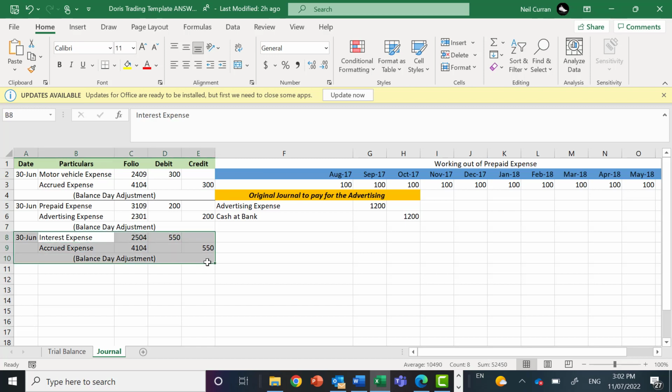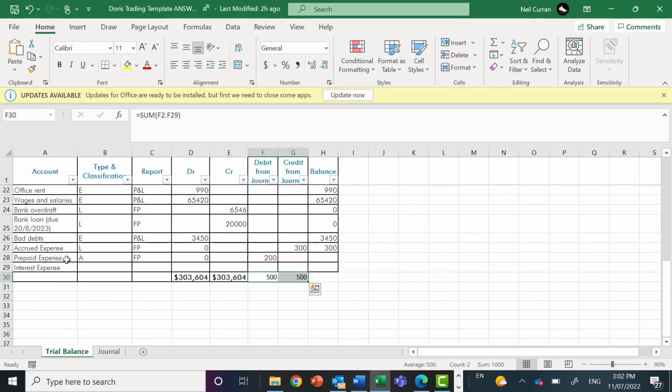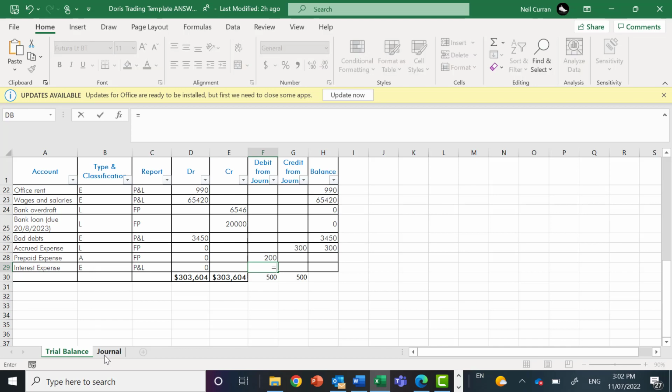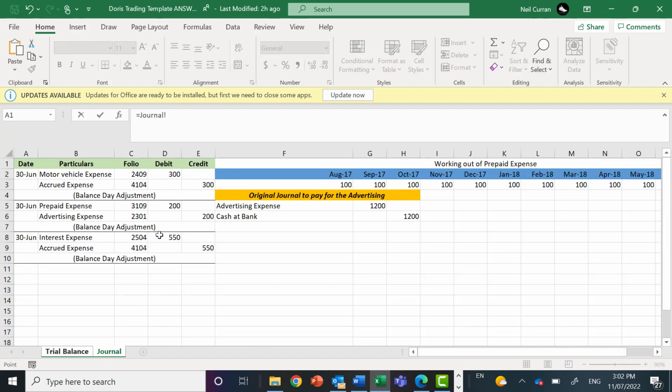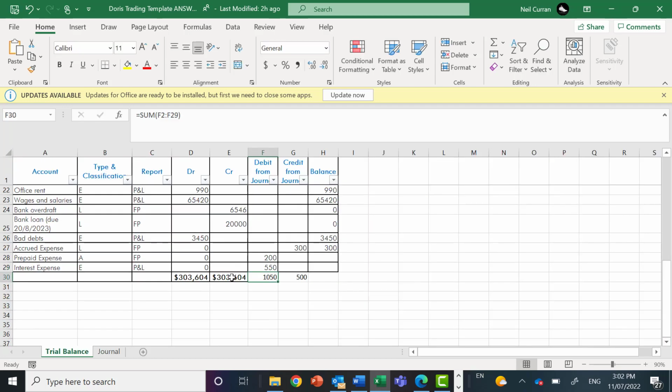So we need to journal this across to our trial balance. Interest expense isn't on here. Interest expense is an expense, so it's going to come from the profit or loss. It comes with a zero balance, and from there we need to work out where this 550 is. It is on the debit side here, so we're going to add that amount in.